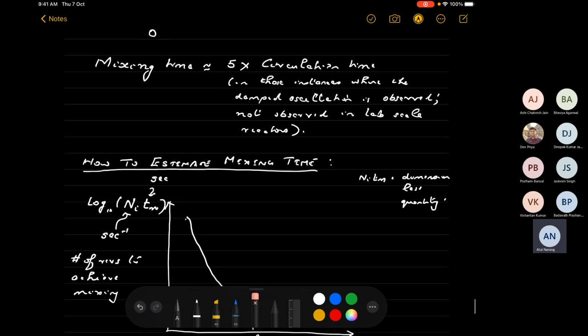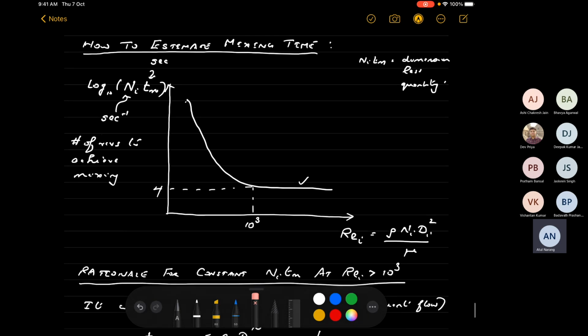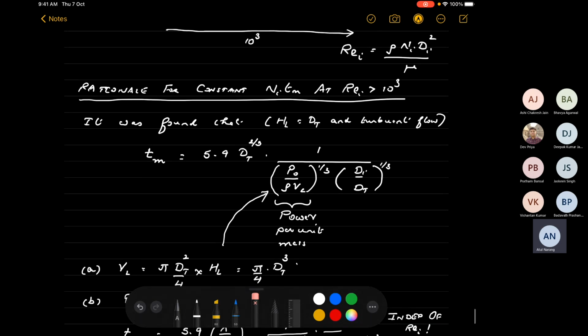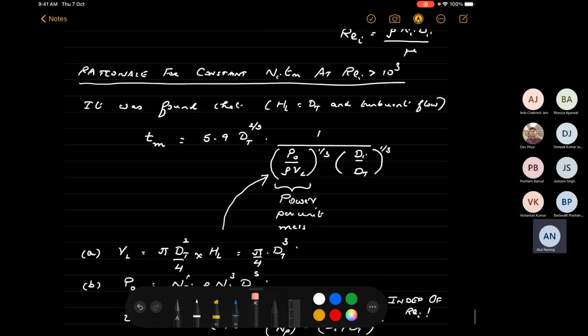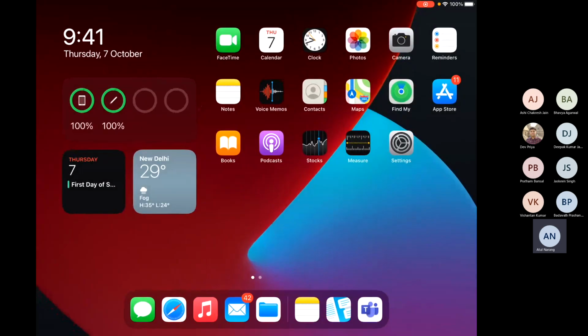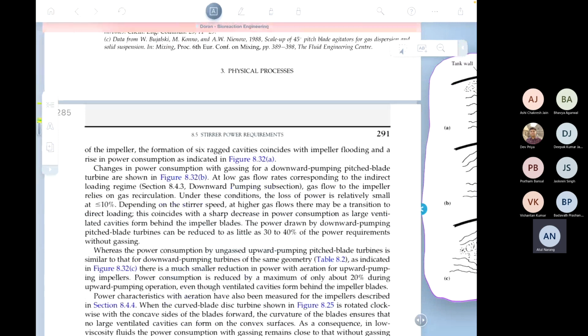And then coming to actually not measurement but estimation of mixing time, I basically told you that this was the formula, when HL is equal to DT and the flow is turbulent. There was a minor error which I have now corrected. These are all formulas taken from the book, so I should again mention where this is in the book.